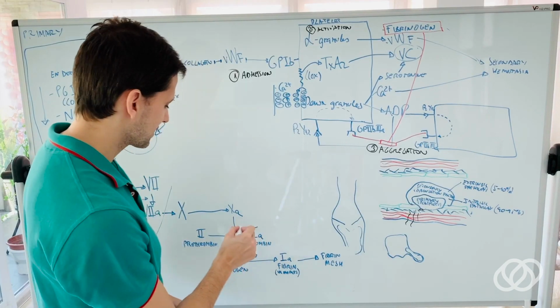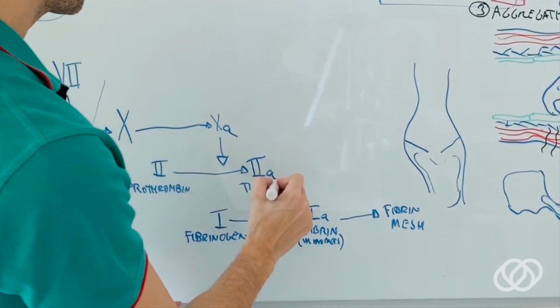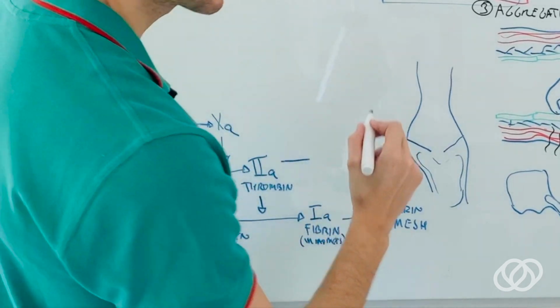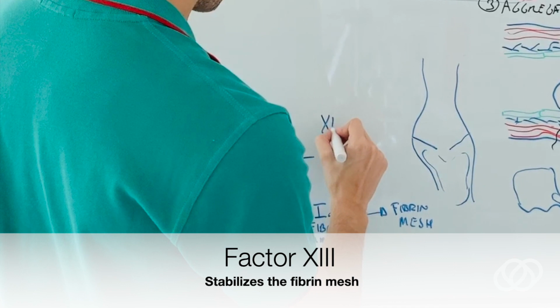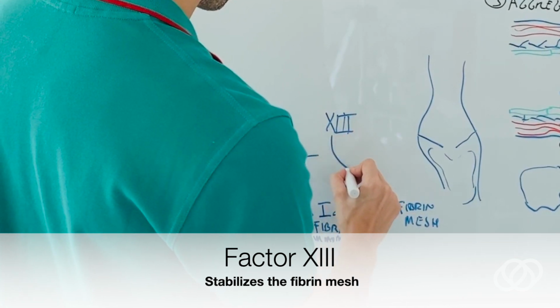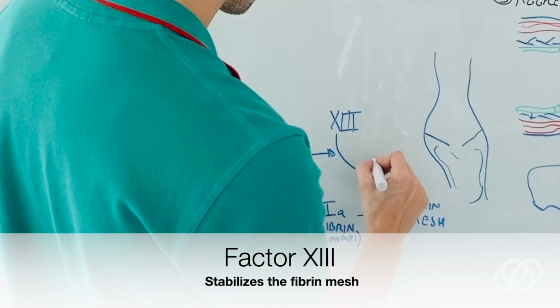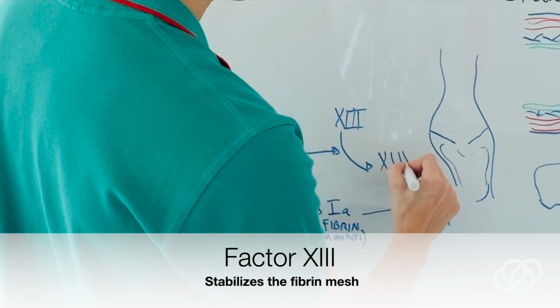In order to stabilize this fibrin mesh, the thrombin, factor 2, activates factor 13. We have factor 13 that becomes activated by thrombin, and we get activated factor 13.